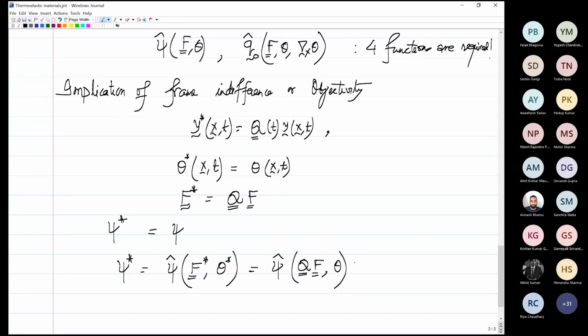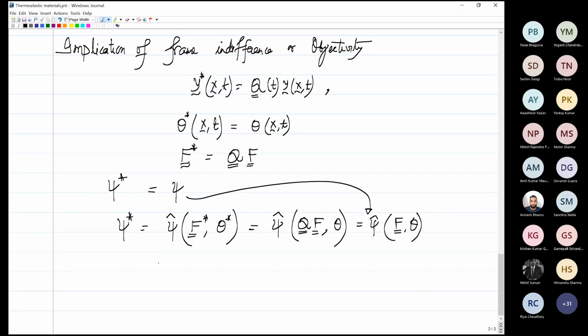Okay, and this has to be equal to psi itself, right? We know that from here. But psi is simply the function psi hat evaluated at f comma theta.